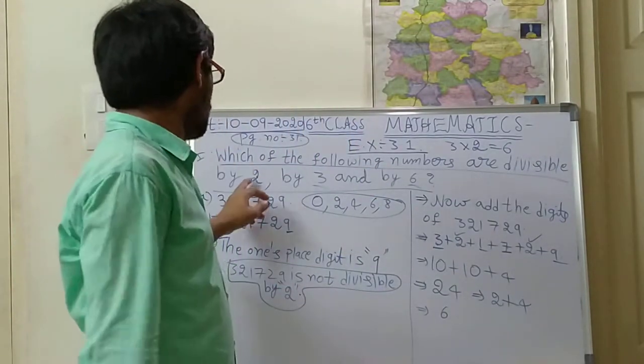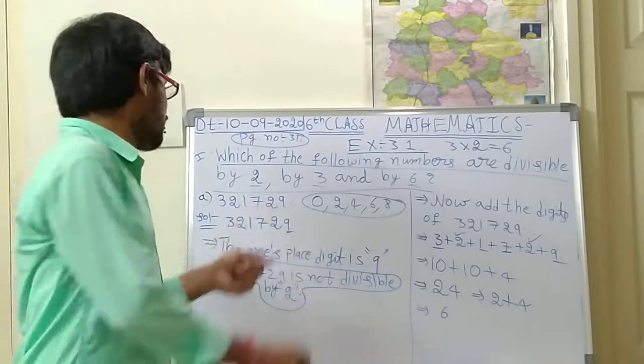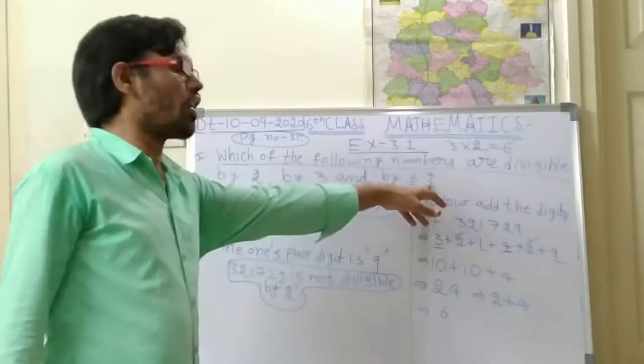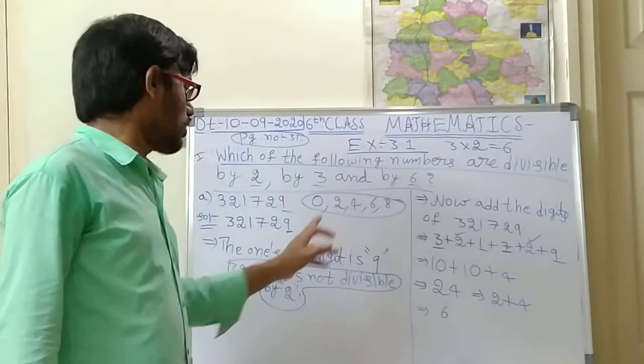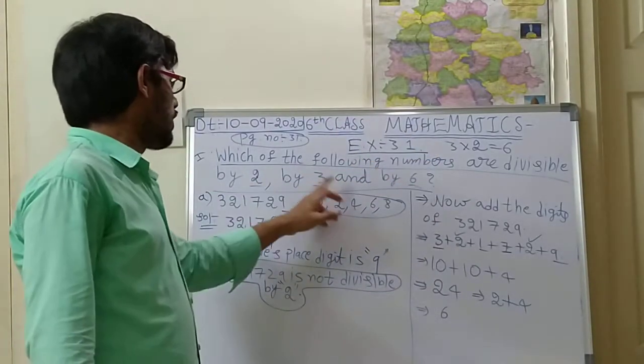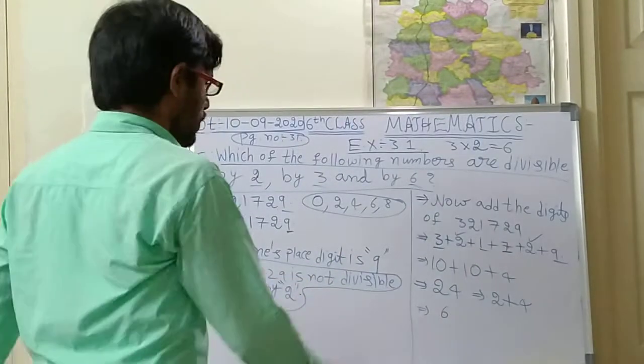It is not divisible by 2 because the ones place digit is 9. Obviously it is not divisible by 6. If any number is to be divisible by 6, it should be divisible by both 2 and 3. I think you are understanding. So this is the answer.